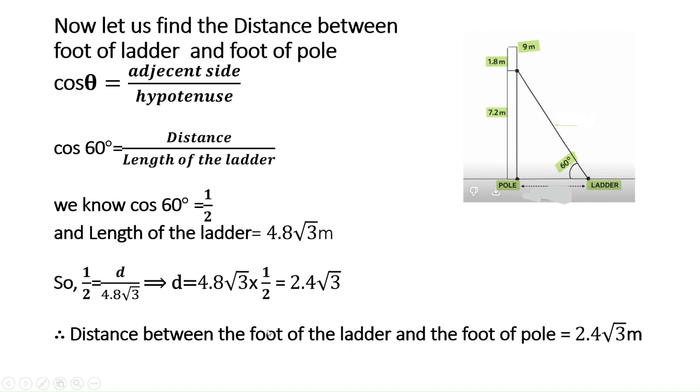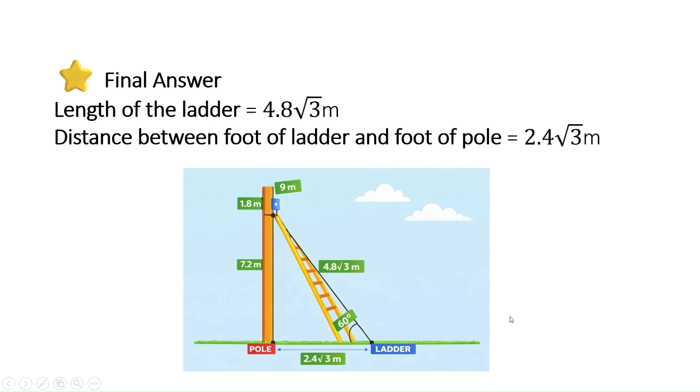So here we found the length of the ladder as 4.8 root 3 meters, and the distance between the foot of the ladder and the foot of the pole as 2.4 root 3 meters.